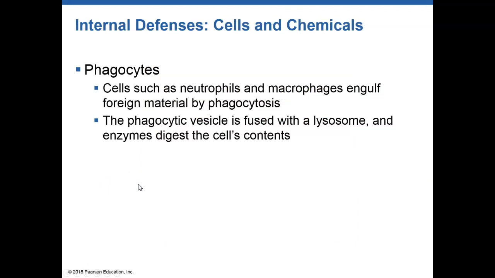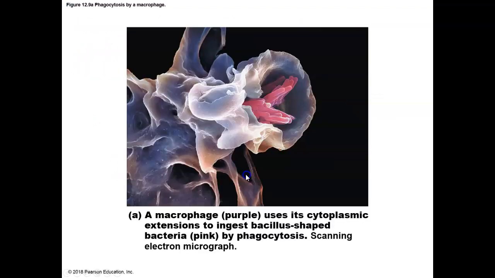So phagocytes, when they get to the area, they engulf foreign material via phagocytosis. And then the phagocytic cell or vesicle fuses with lysosomes within the white blood cell, and the lysosomes then digest the cell's contents, and then those materials can be recognized on the surface of that white blood cell.